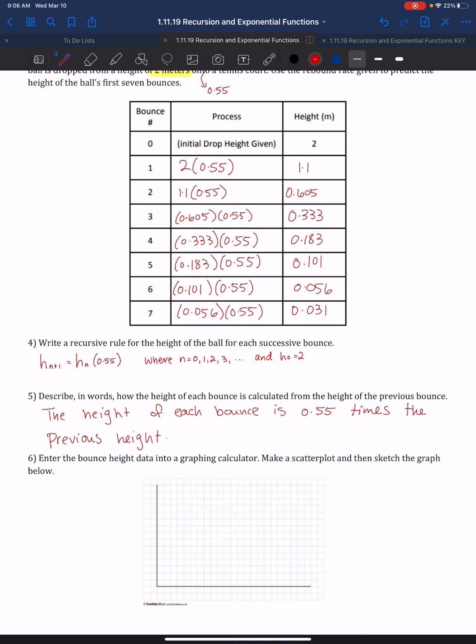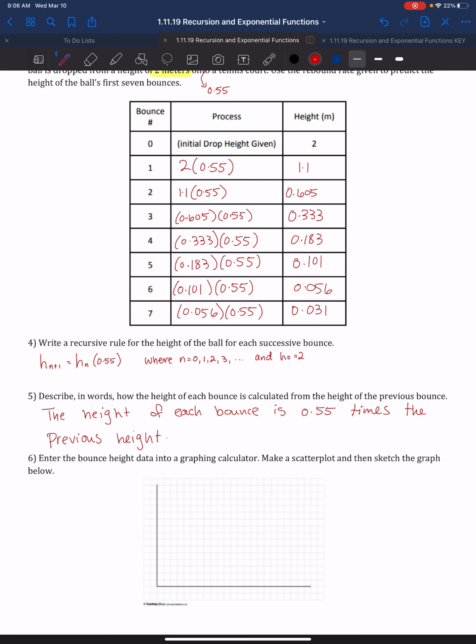And now number 6 says, enter the bounce height data into a graphing calculator and make a scatter plot and then sketch the graph below. So if you were to sketch this graph, we know that the starting height is 2 meters. So my y-axis is going to represent my height, and then my x-axis is going to represent my bounces. Since my height is 2 meters at the start, I don't even have to go above 2 meters here.